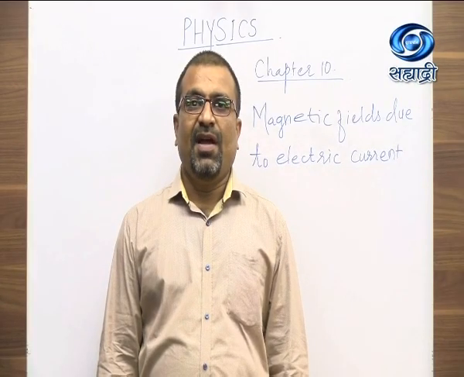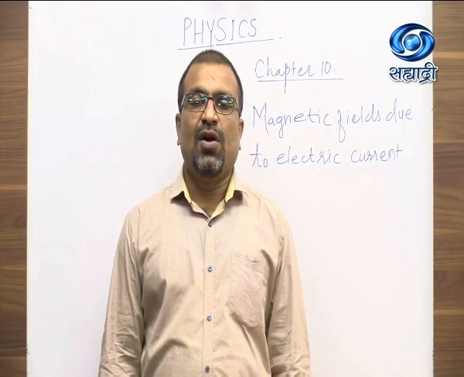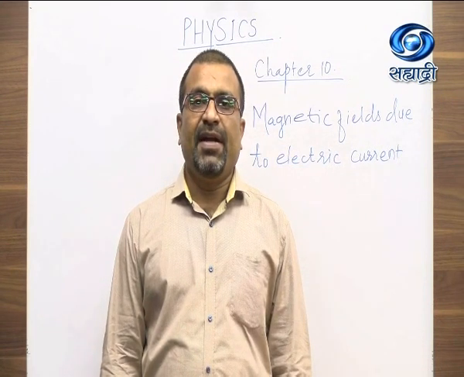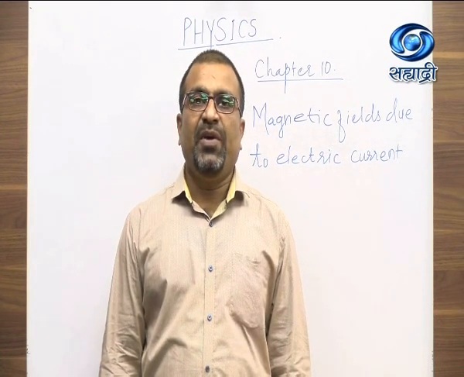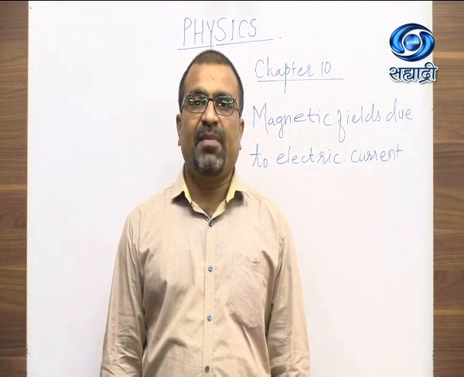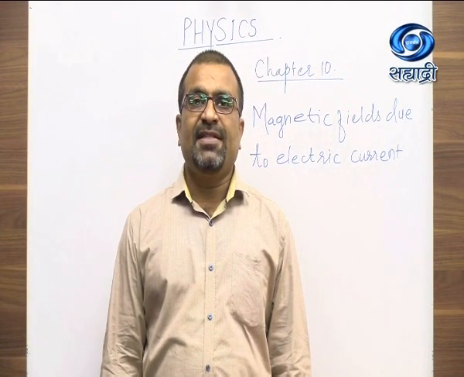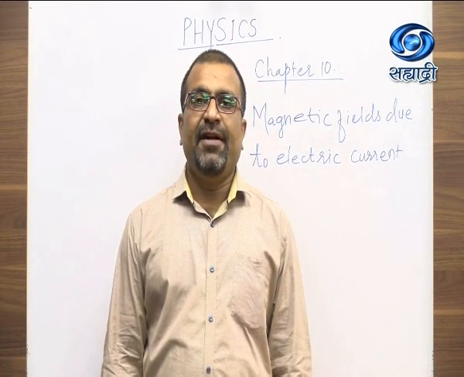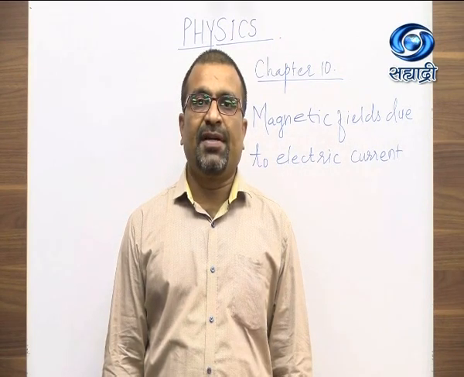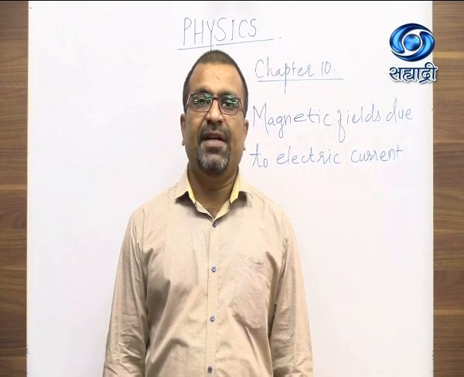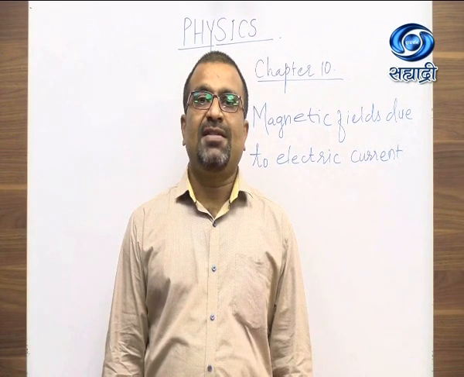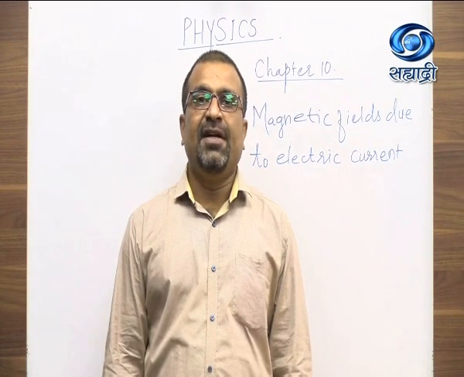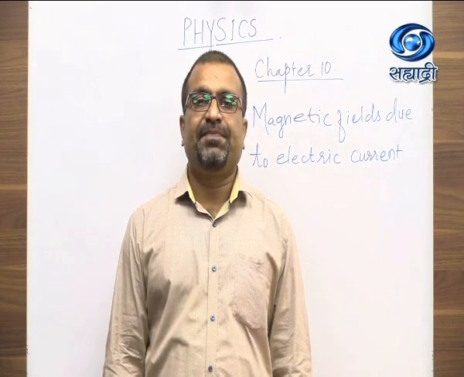Dear students, in our first lecture of the 10th chapter, magnetic fields due to electric current, we studied Oersted's experiment, his discovery of the relationship between the magnetic field and the flow of current through a conductor. Later on, we studied the right-hand rule to understand the direction of the magnetic field around current carrying wires.